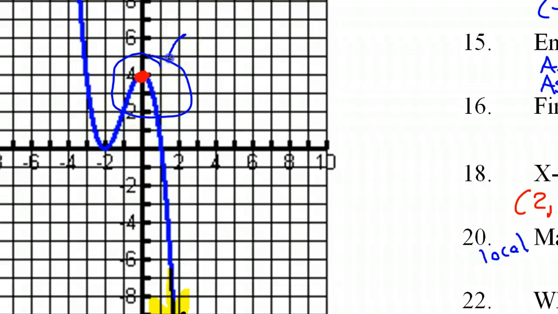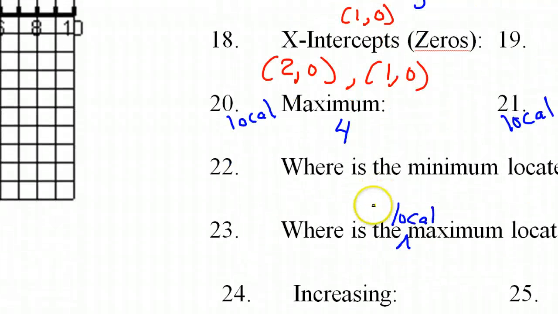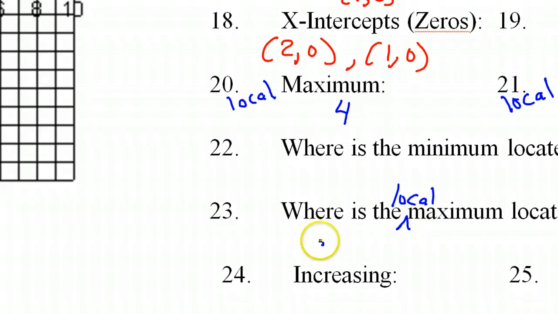And you know, this is the point 0, comma 4, right? So the x value is 0. So that's where. Okay, so where is the local maximum located? Well, it's located at x equals 0.